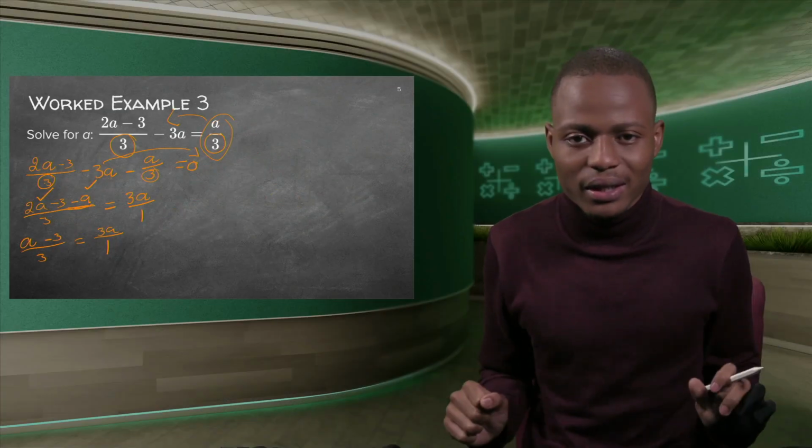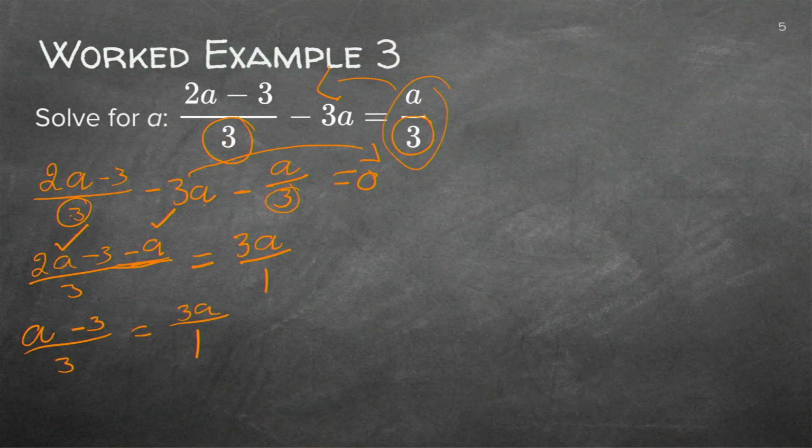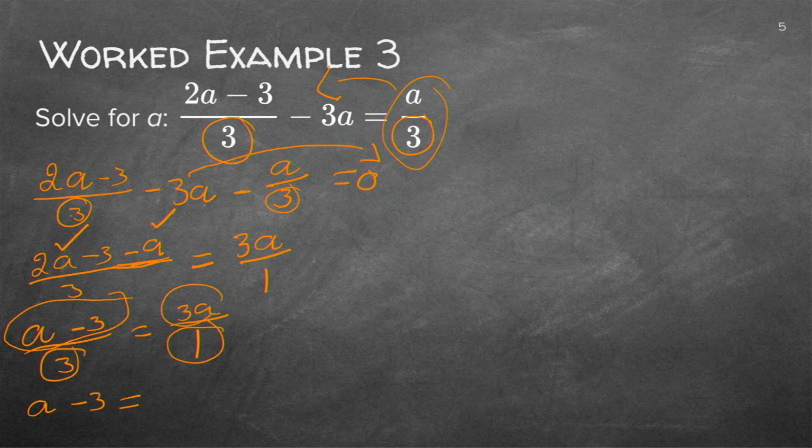So I multiply what I have up there with that 1 there. So you are going to have a minus 3 multiplied by 1, so you repeat everything else. So this is just going to be a minus 3 equals, so you multiply the denominator and the numerator that side, 3 times 3, so this is going to be 9a.